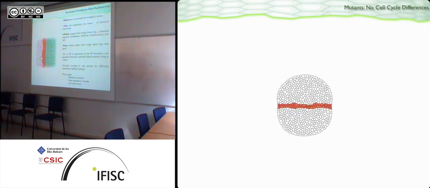The third term has to do with what is called the cortical ring. Inside the cell there is a cortical ring that is exerting some pressure, trying to keep the apical part as minimal as possible. And the last term that we have considered is that, as you saw in the previous slides, you may have mechanical effects, but they don't have to be per se isotropic.